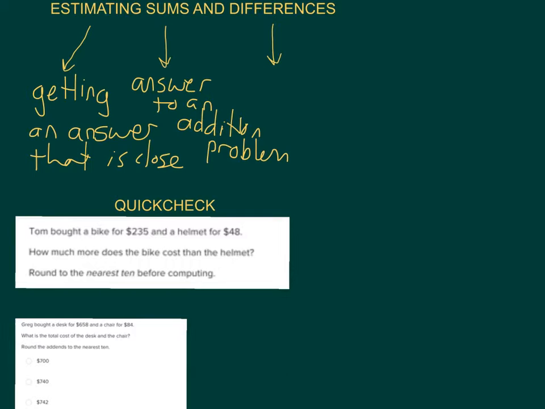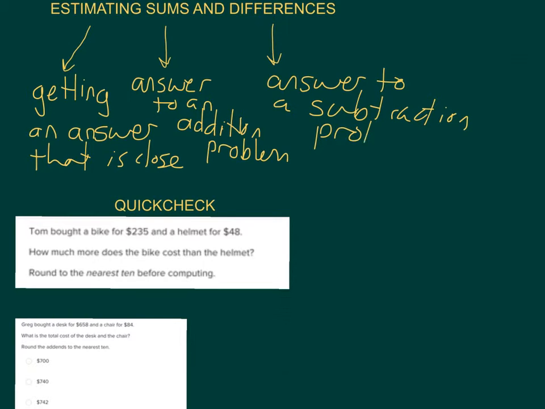A difference is an answer to a subtraction problem. So what we're doing today is we're getting answers that are close to addition and subtraction problem answers. We don't care about the exact answer, we just want to get close.